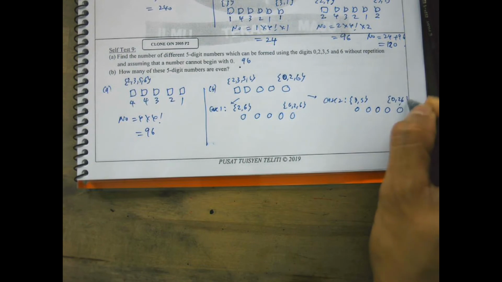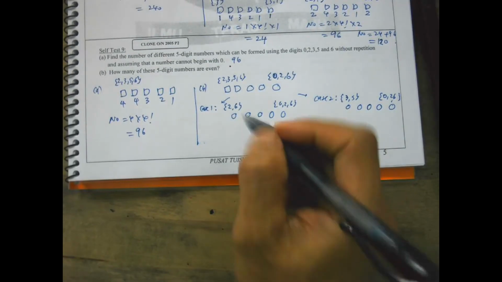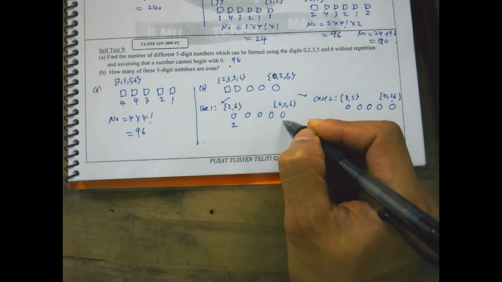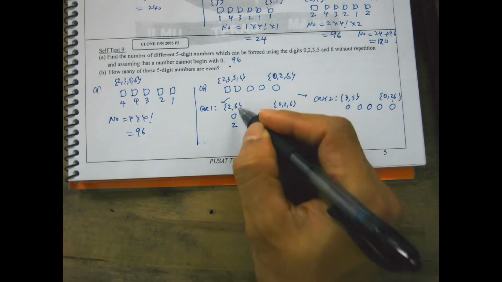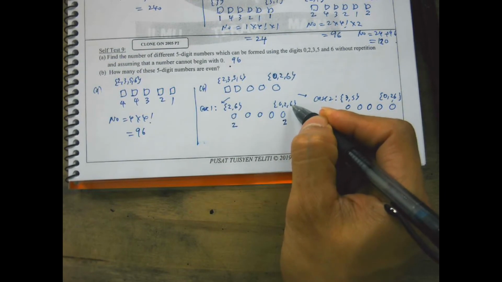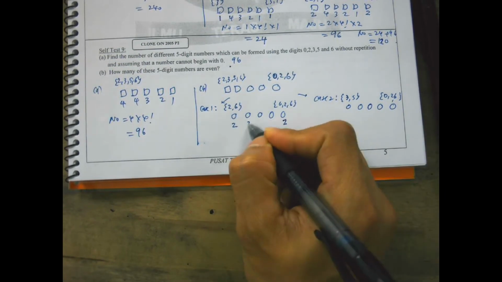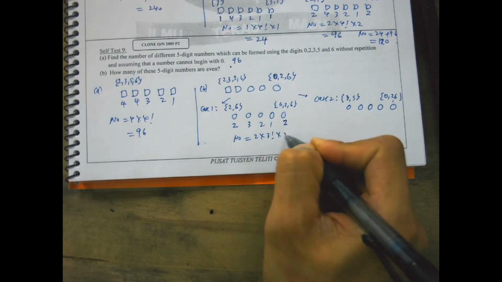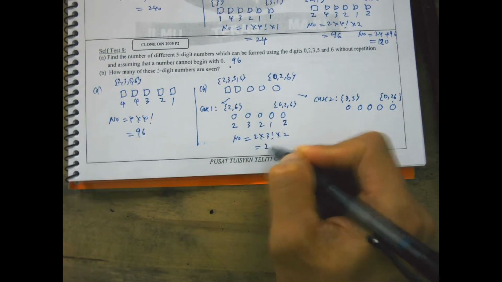Now take note. If I start with 2 or 6, there are two ways. But this is how many ways? 2, not 3. Because let's say I put number 6 here, I cannot choose 6 anymore. So there will be 3 to 1. Number of ways will be 2 by 3 factorial by 2, which is 24, right?